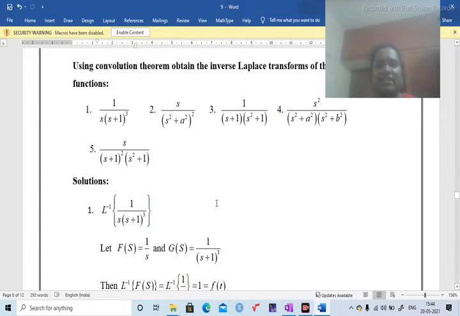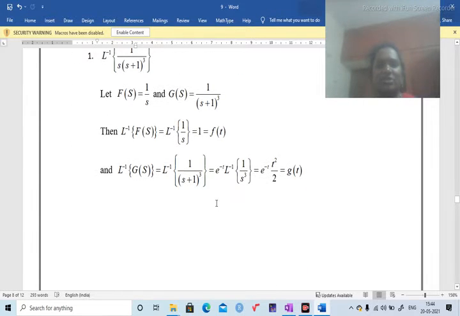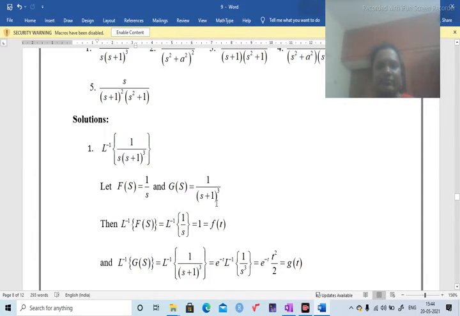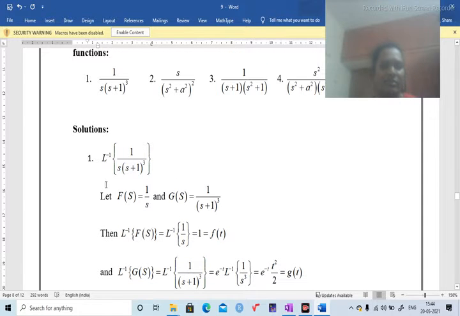So these are the questions. First question, L inverse of 1 by s into s plus 1 whole cube. Here I am taking f of s as 1 by s, g of s as 1 by s plus 1 whole cube. Then L inverse of f of s equals L inverse of 1 by s.